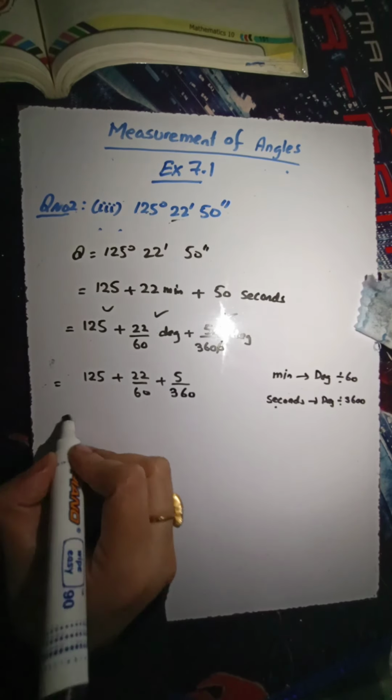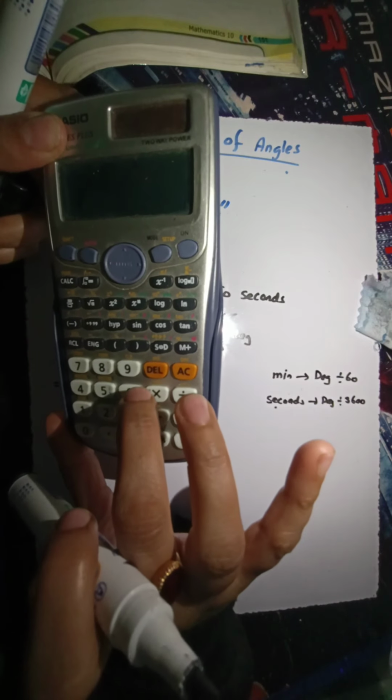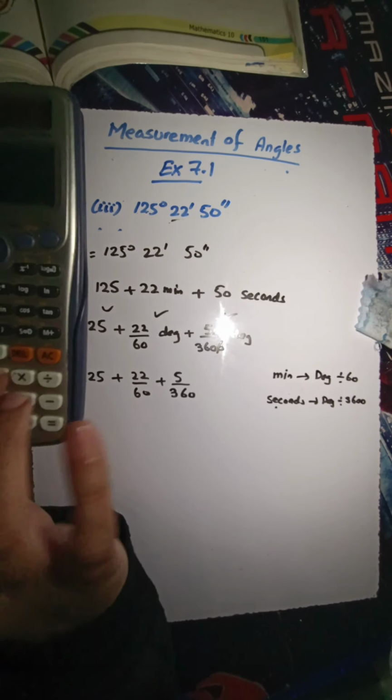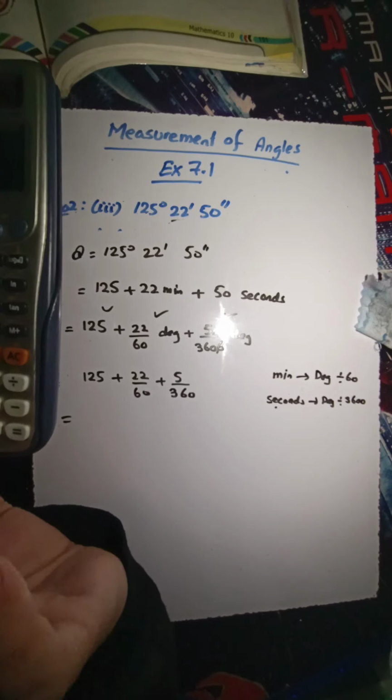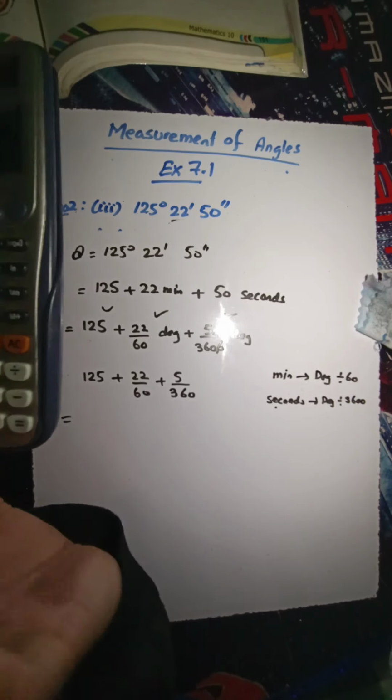So 125 plus 22 by 60 plus 5 by 360 gives you 125.38. So the answer is 125.38. So you have converted this D.M.S system into decimal form.